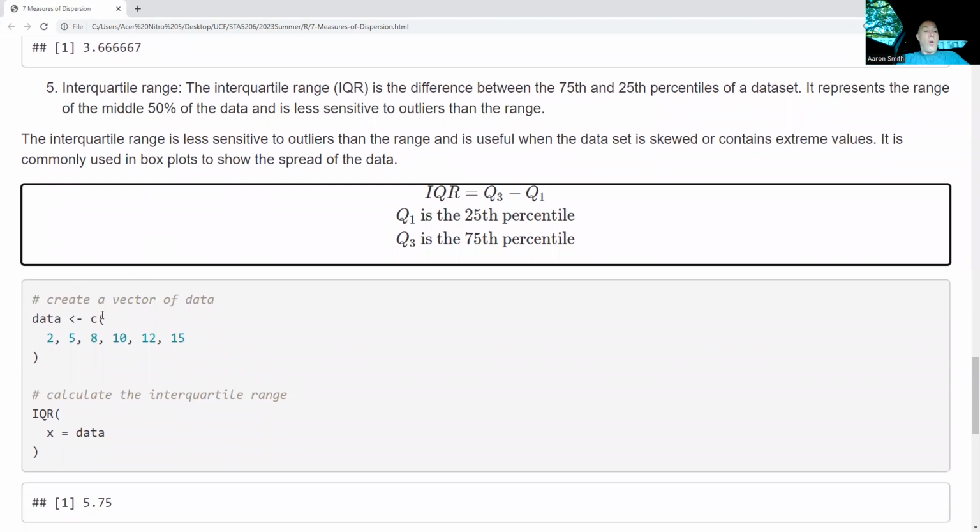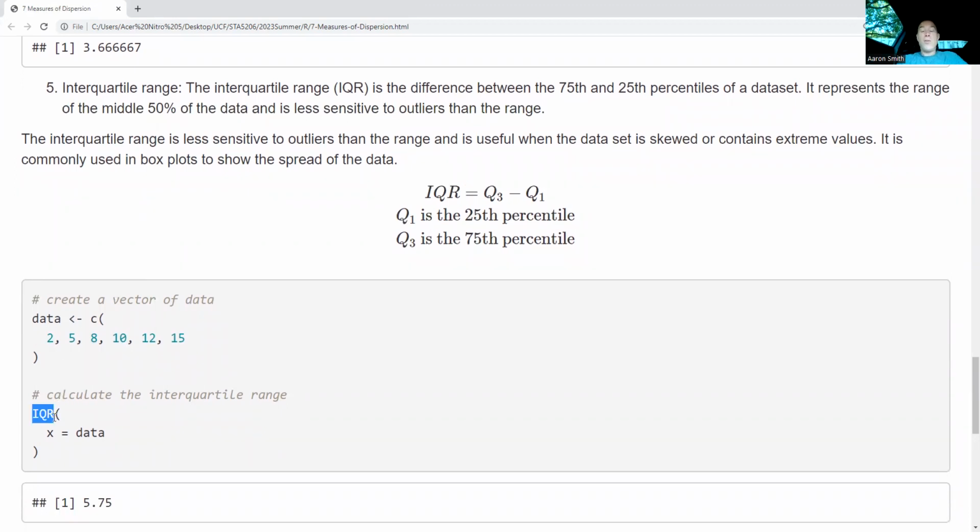All right, and so for our example, once again, I've got my data, and I just use the IQR function because it's the interquartile range. Boom, it calculates it for me. Now you'll notice that all of these are giving slightly different numbers on the measure of dispersion. What's important for us is that we understand that each of these is a different measurement of dispersion calculated different ways.